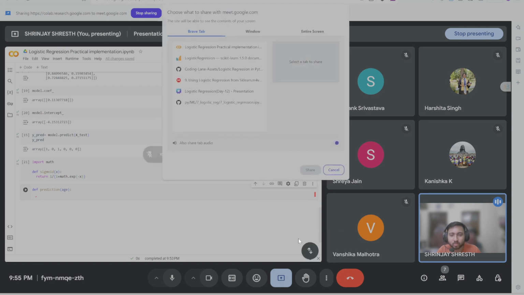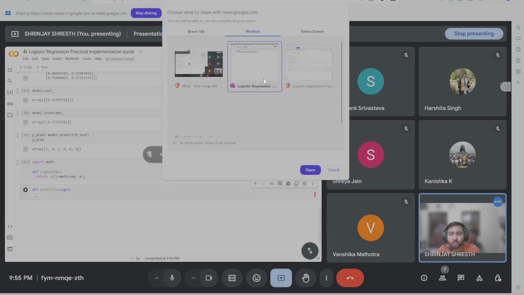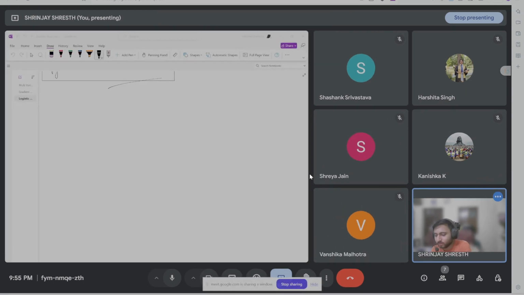Let me open my OneNote. Perfect. Is it visible? Yes. Once you get your M as C, this is your slope, this is your intercept.